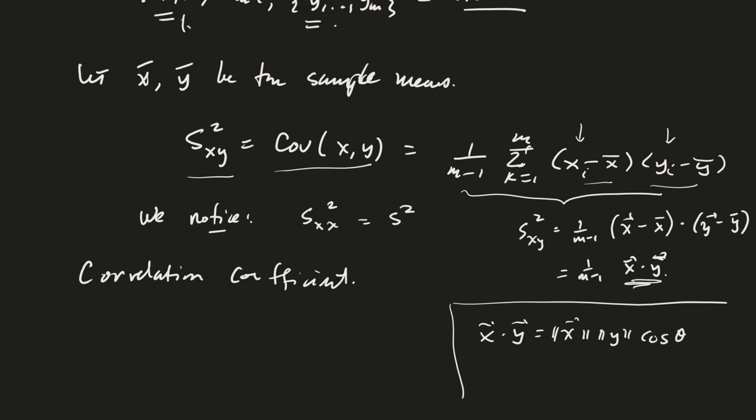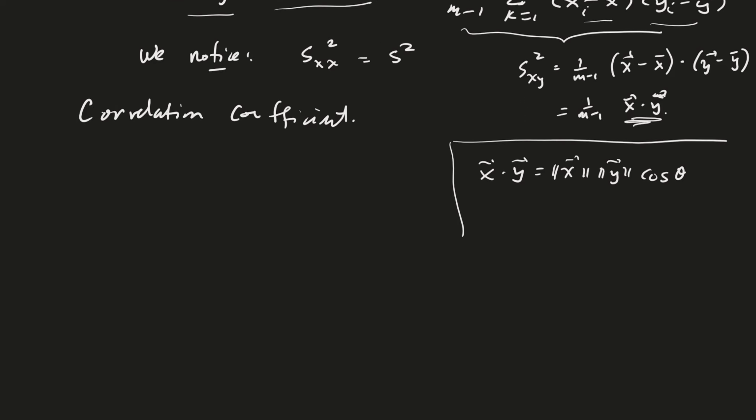And so this is my vector x, vector y. I want to interpret what these things are. This is a vector with data in it, and this is a vector with data in it. And I'm assuming that these have mean 0 already.